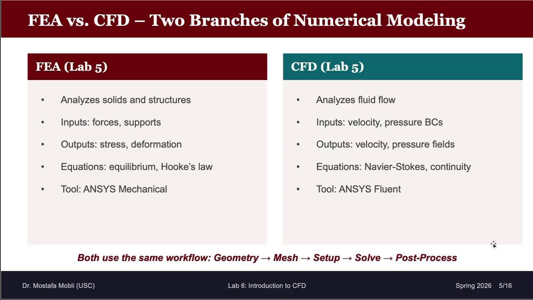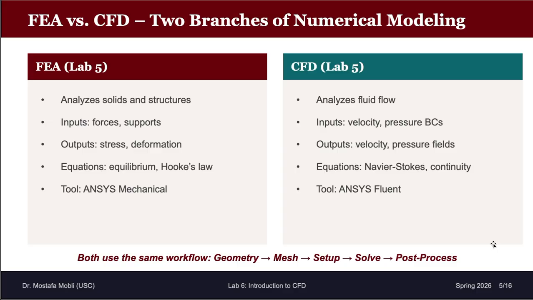In lab 5, we did use finite element analysis to analyze solids and structures. Our inputs were forces and supports. The output was stress and deformation. The equations we used were the equilibrium structural equations and Hooke's law, and our tool was ANSYS Mechanical.